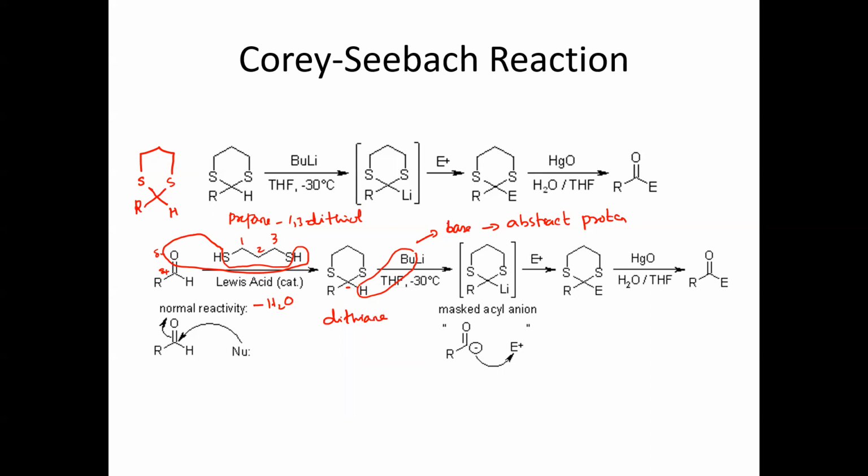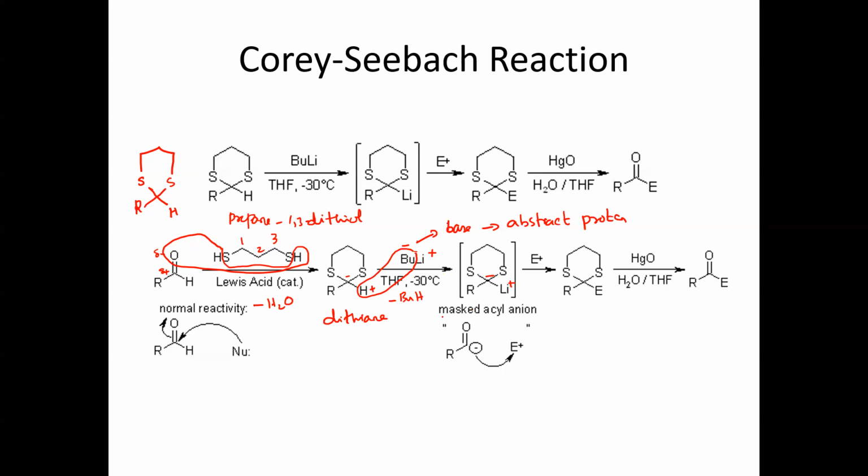The butyl lithium is negative and the proton is positive, so we get butane. Butane is going out, and this carbon now carries a negative charge while lithium carries a positive charge.